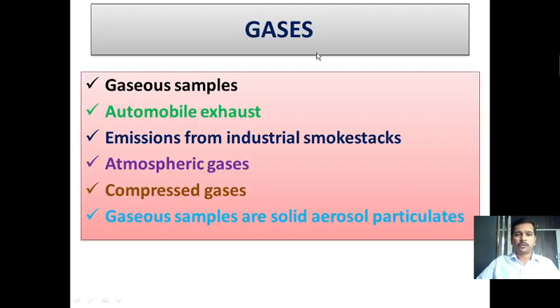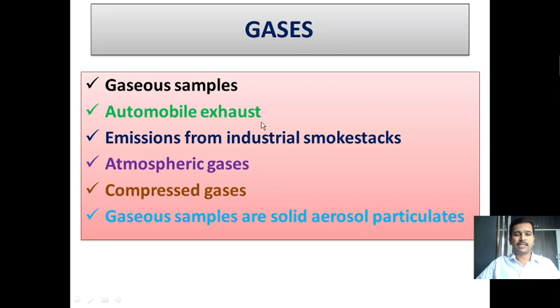Let us move on to the sampling plan implementation for gaseous samples. If your intention is to analyze gaseous samples, you can obtain them as such, collect them, preserve them, and analyze them.